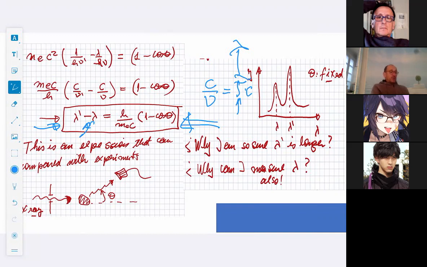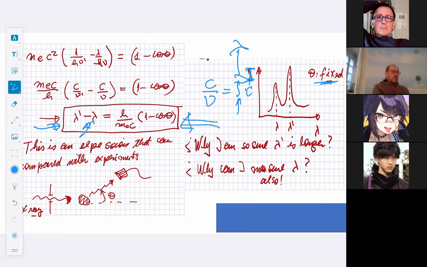So when we measure at a fixed angle theta, this is what we get. We get a graph that looks like the one here. This is the intensity of the X-ray as a function of lambda, the wavelength, and we get 2 peaks.